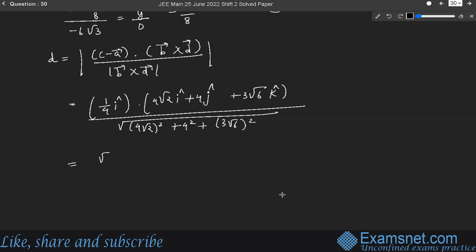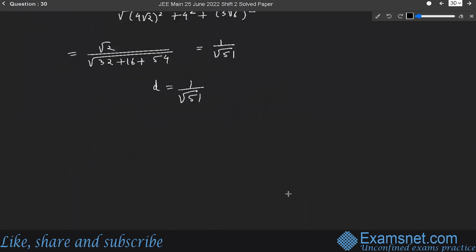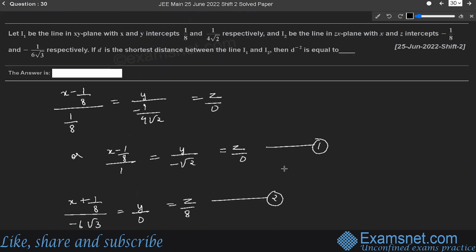So this will be equal to root 2 divided by under root of (32 plus 16 plus 54), which will be equal to 1 upon root 51. Therefore, we can say that if D is equal to 1 upon root 51, then D power minus 2 will be equal to 51. Hence, the correct answer for this question is 51.